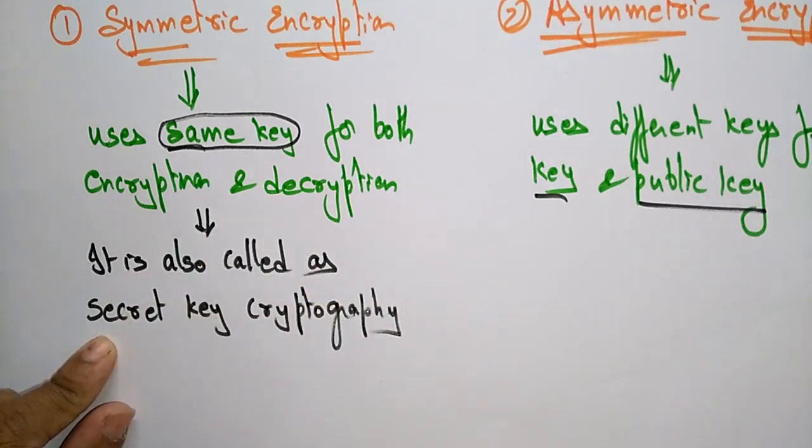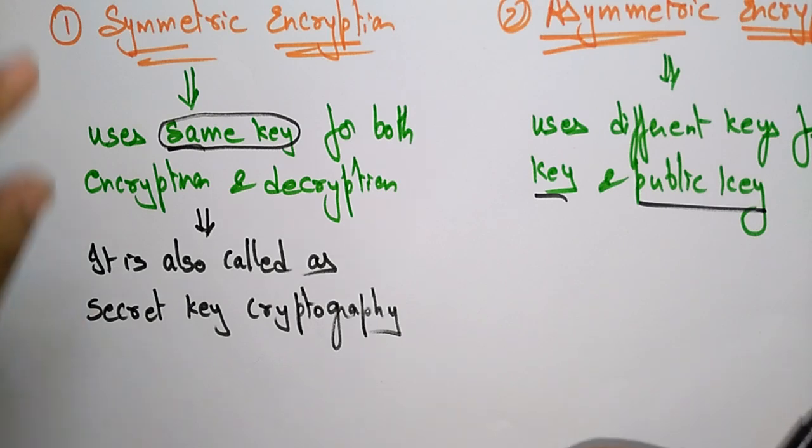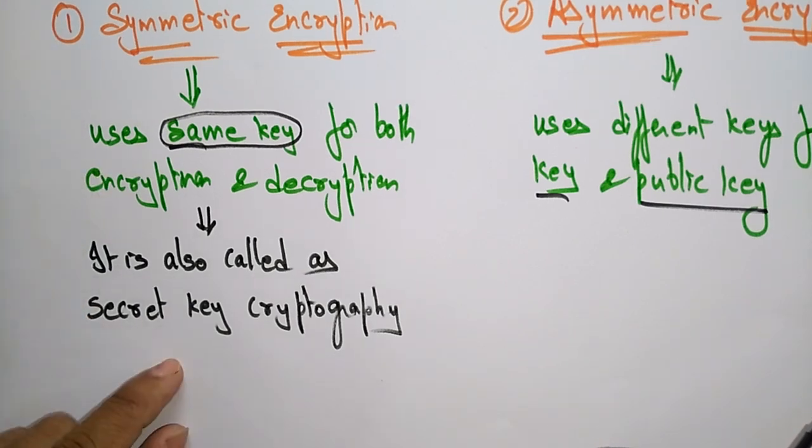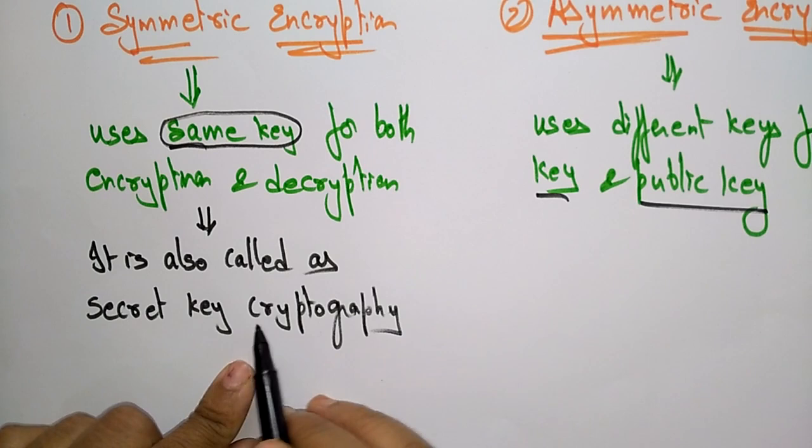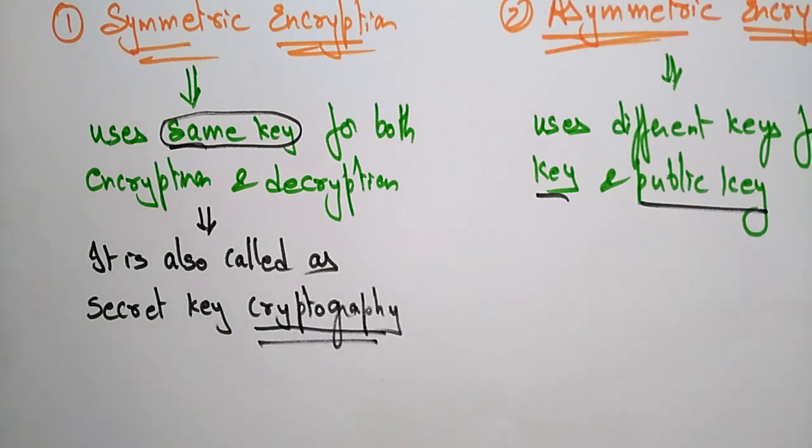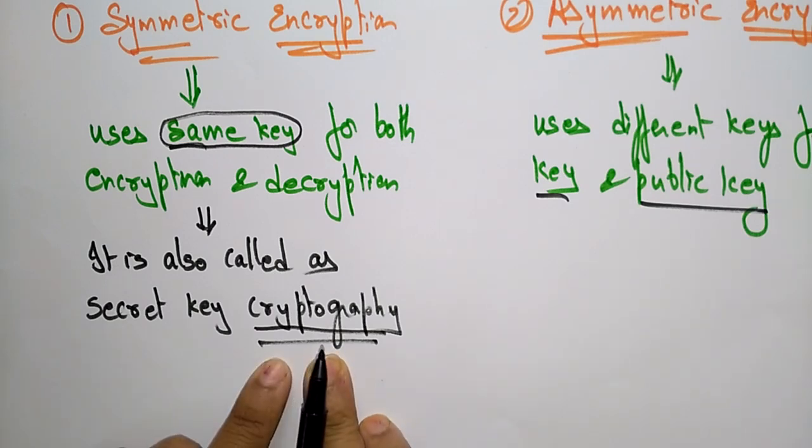Only one key is used for encryption and decryption, and that key is a secret key. That's why symmetric encryption is also called secret key cryptography. Cryptography is a process covering encryption and decryption: the complete process from plain text to encryption, encryption to decryption, decryption to the source destination. That complete process you call cryptography.